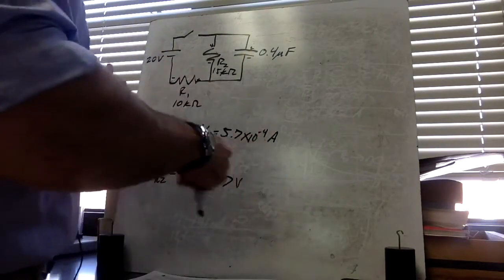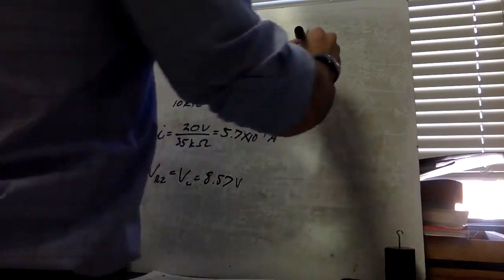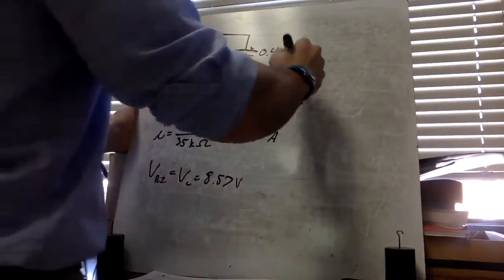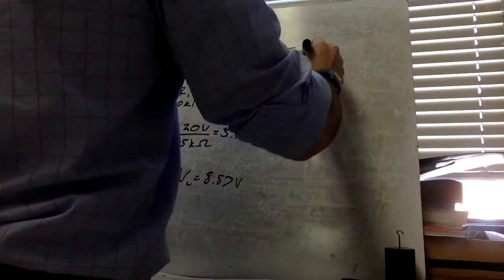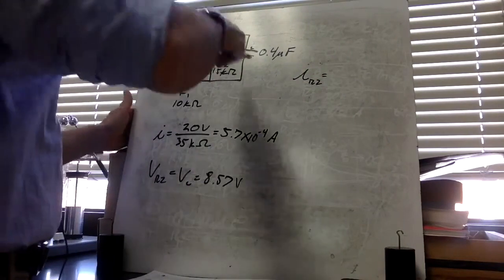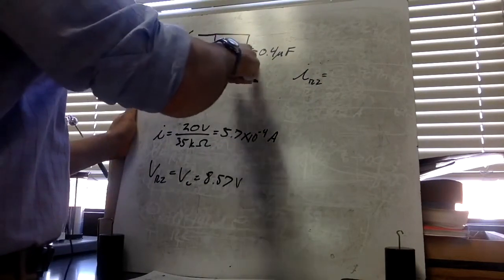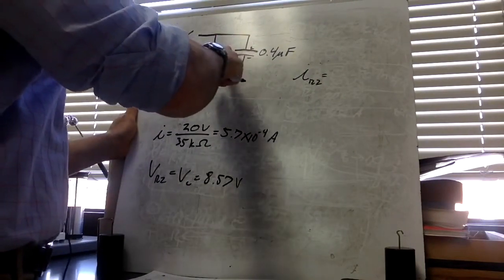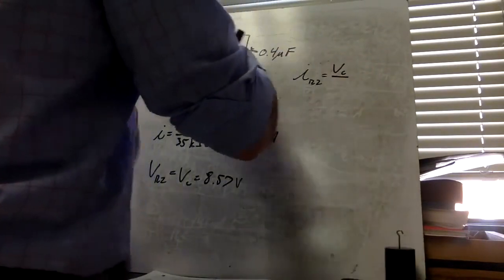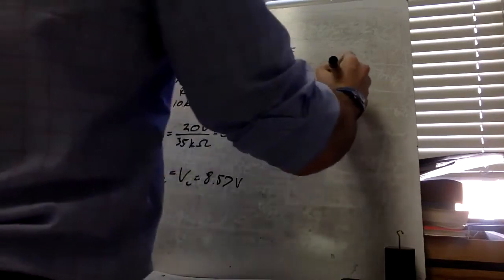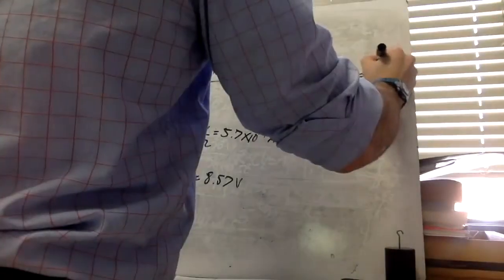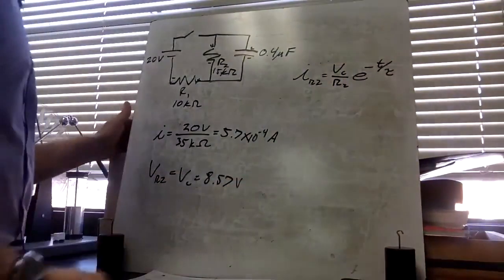Okay, and so the current, now when it's discharging, the current on R2 is going to be given by the voltage on the capacitor as it's decreasing divided by R2. So V on the capacitor, which is equal to the voltage on R2, divided by R2 times e to the negative t over tau.